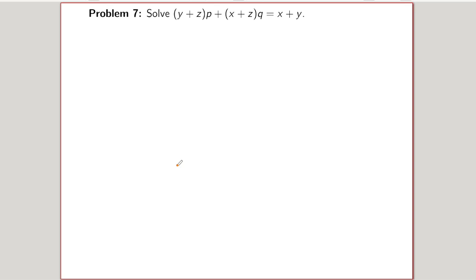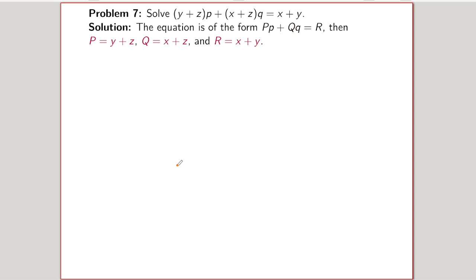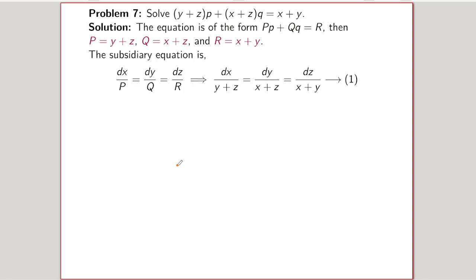Take this next question, and this problem will be based on double multipliers. Okay, so this is capital P, this is capital Q, and this is capital R. So this is the equation given in Lagrange's format. So the subsidiary equation is given here. Observe that whatever multipliers we may take, the denominator won't be equal to 0 because all the terms are given as positive terms.